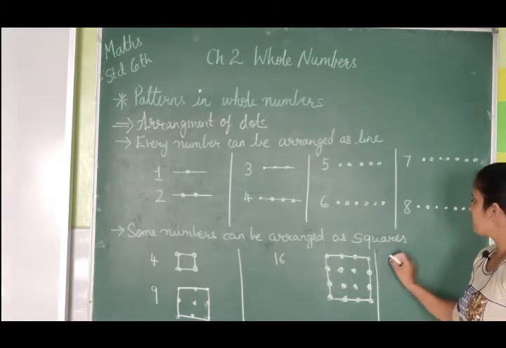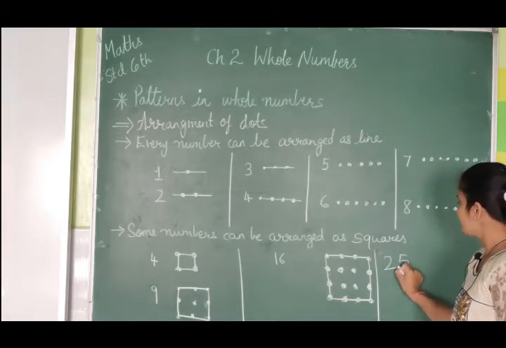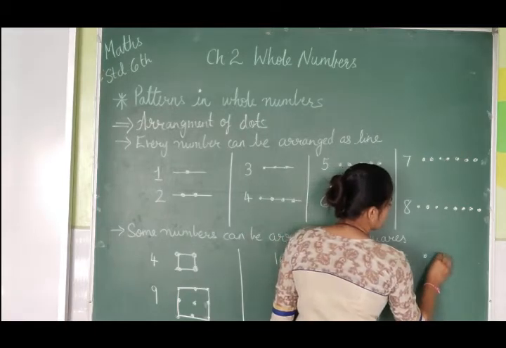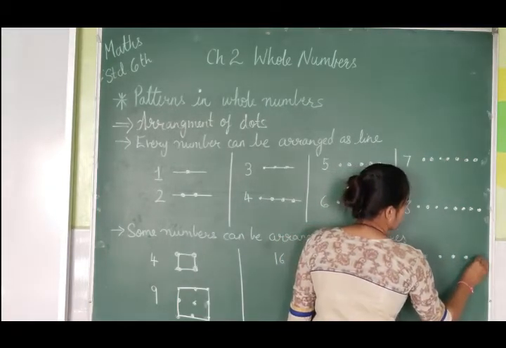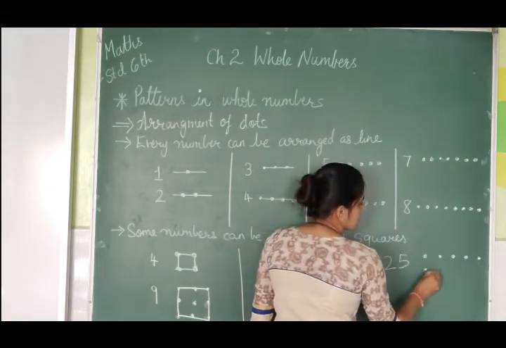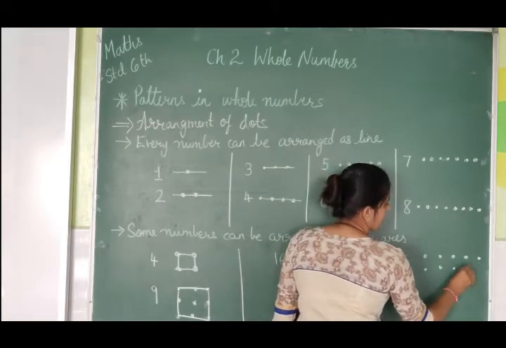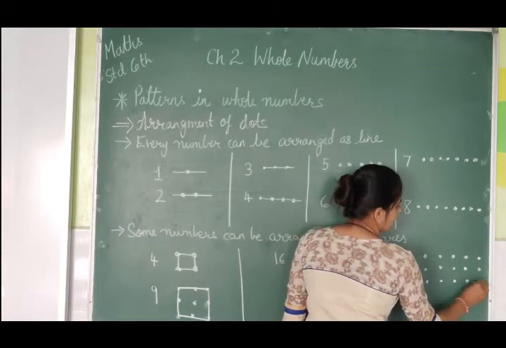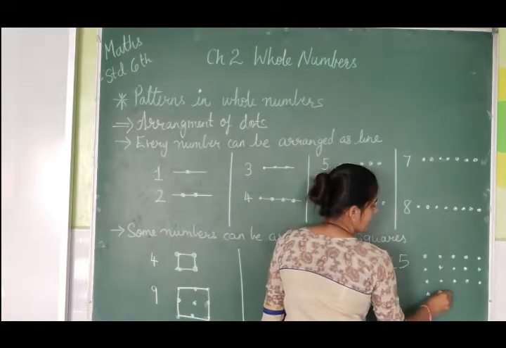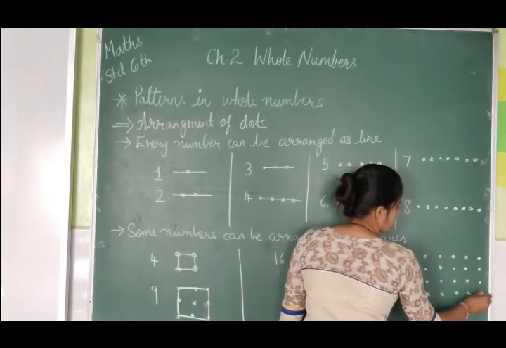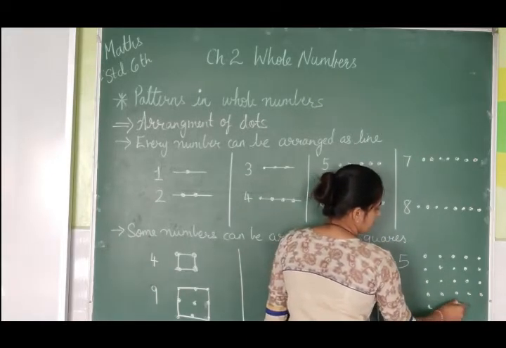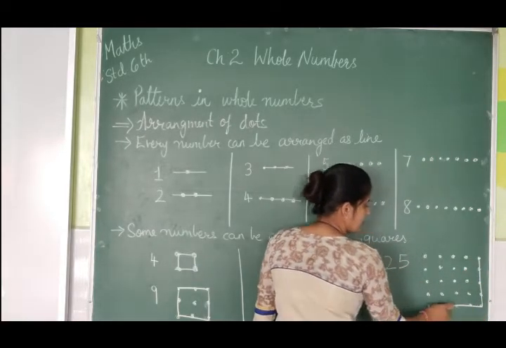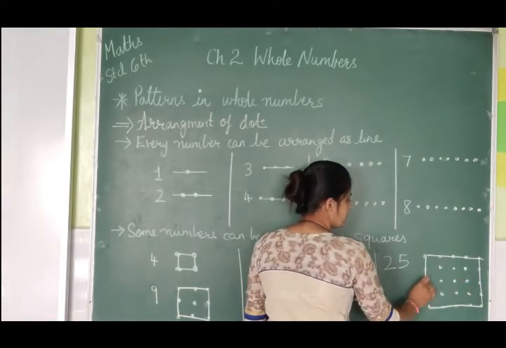Now next will be 25, with all the sides having 5. Here you can see a square can be drawn out of these dots.